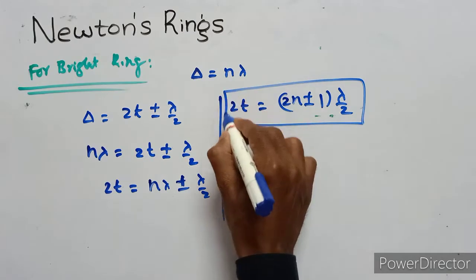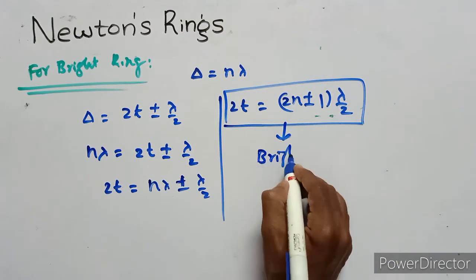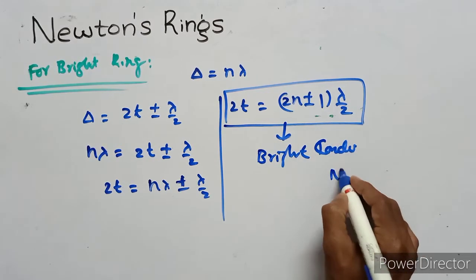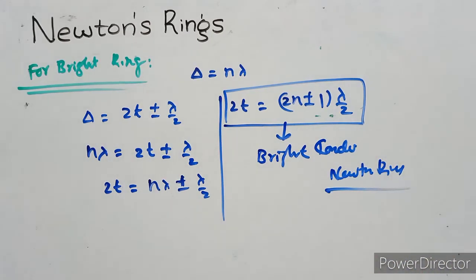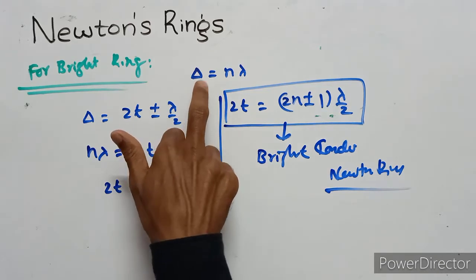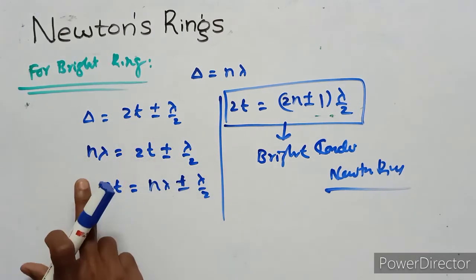This is the bright condition for Newton rings. So we take the bright condition of general interference, delta equals n lambda, and delta equals 2t plus or minus lambda upon 2.